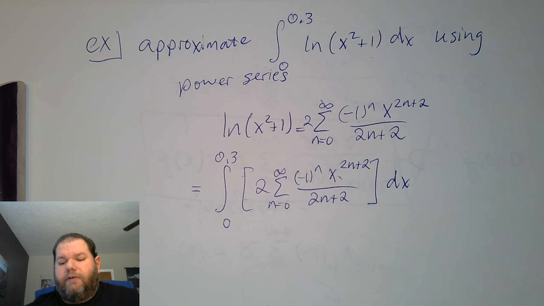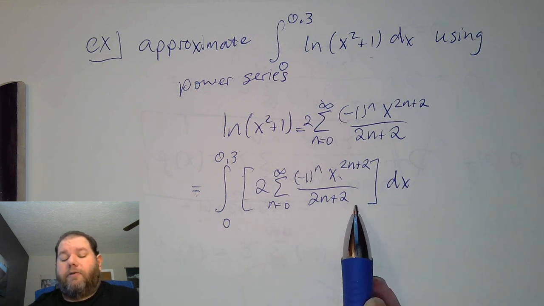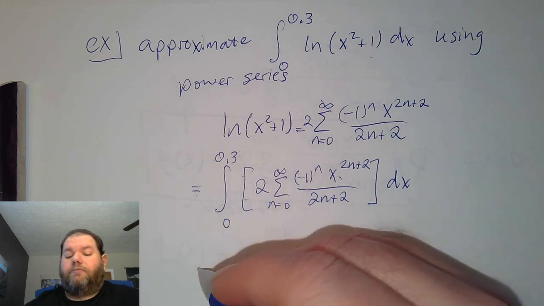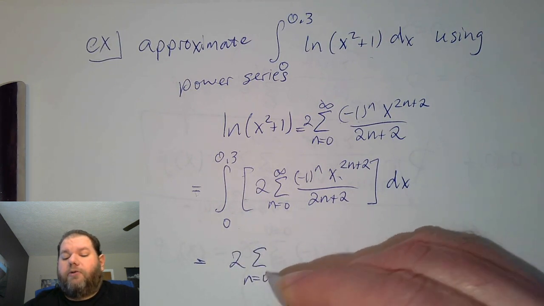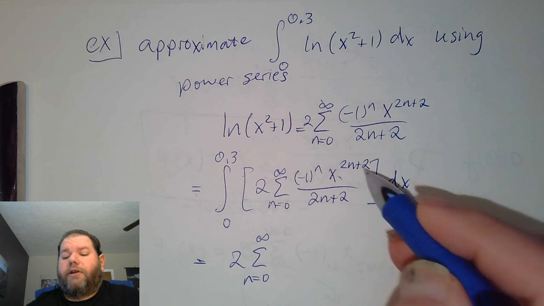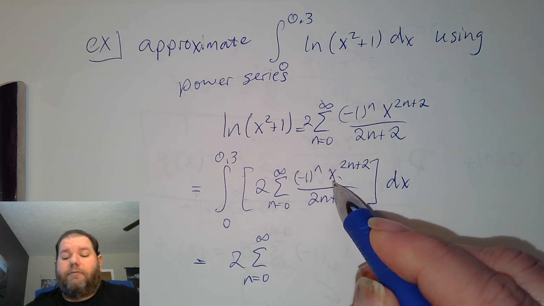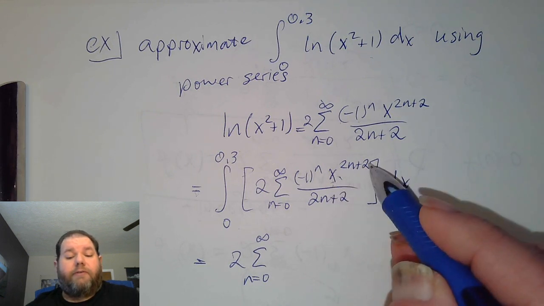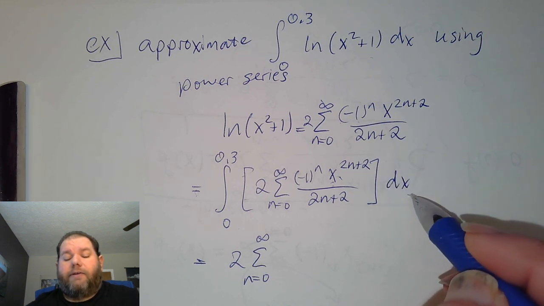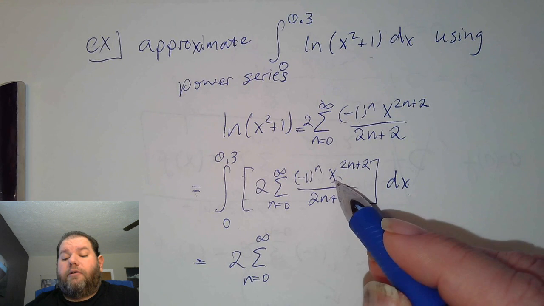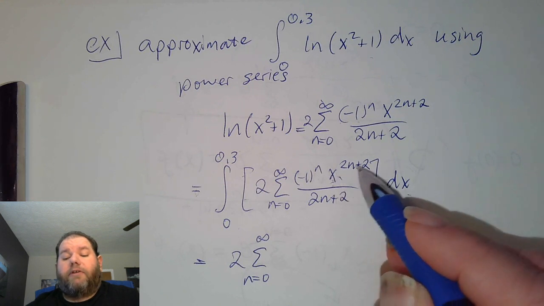Let's see. So we want to integrate the power series. Now again, when we integrate the power series, the only part we're integrating is the part that has x itself, which is x raised to a power, because notice our differential is with respect to x. And so we're just focusing on the x variable.